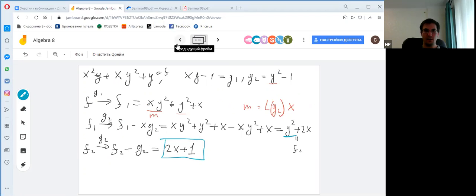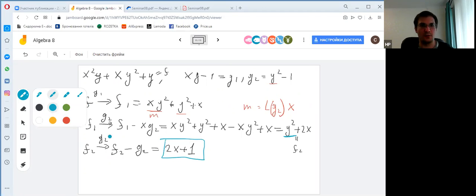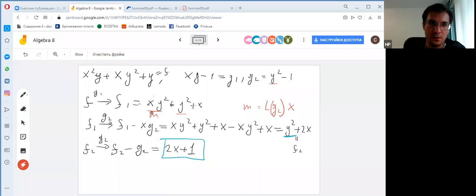Let me just say that when we have two terms in our polynomial, for example here, two terms divisible by the leading form, then you can reduce by g2 using this term or using this term. These are two possibilities for reducing this polynomial by g2.